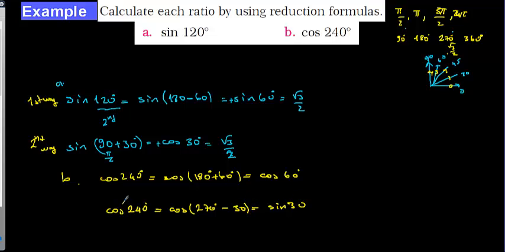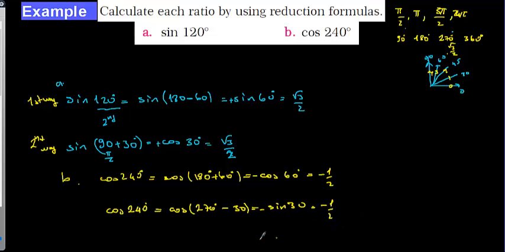Cosine 240 is in the third quadrant, where cosine is negative, so both answers are going to be negative. Cosine 60 and sine 30 are equal to each other, so the answer is minus 1 over 2.